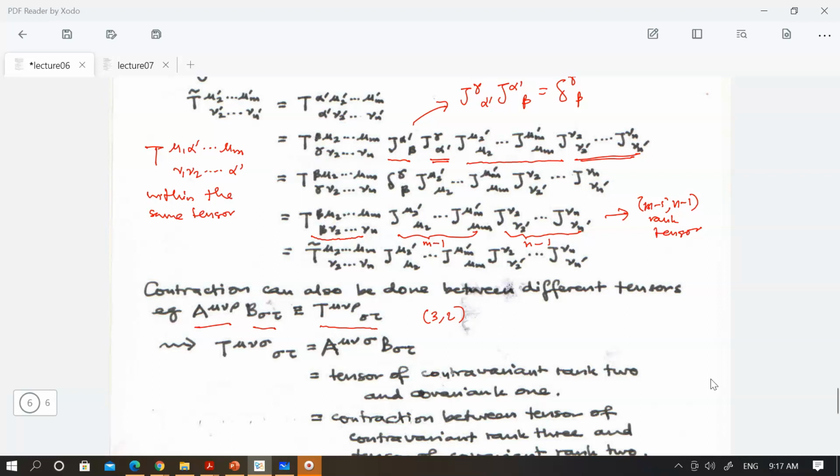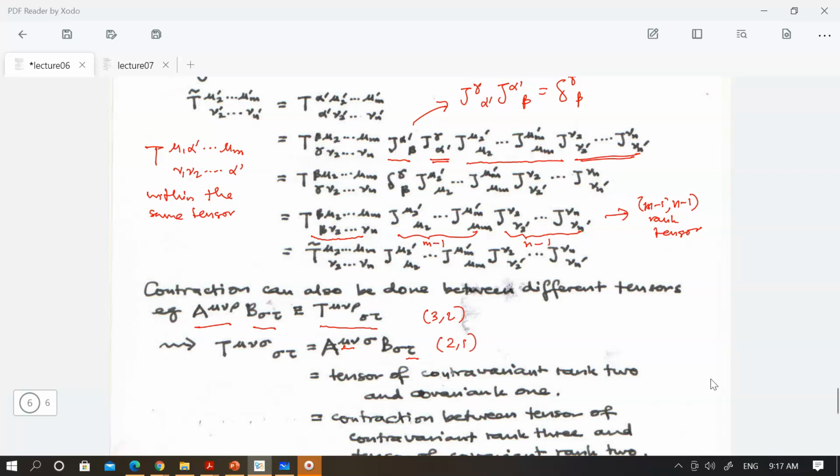So remember, previously without the dummy index, we have a (3, 2) tensor, and over here, if you look at the free indices on this object, it's just a (2, 1) tensor.